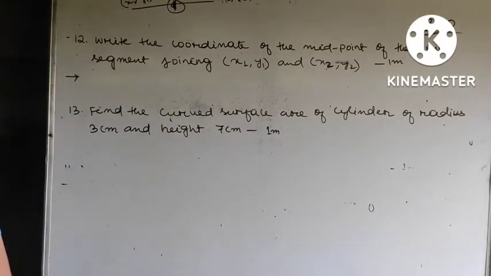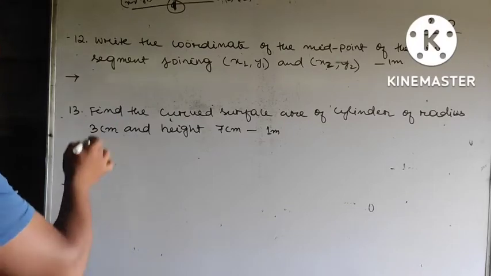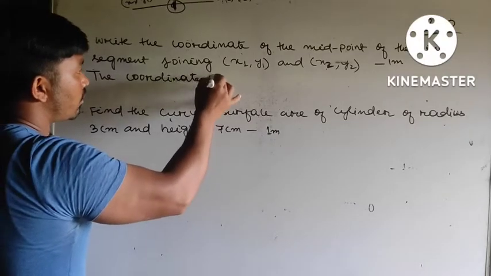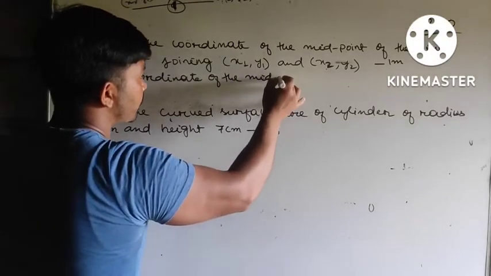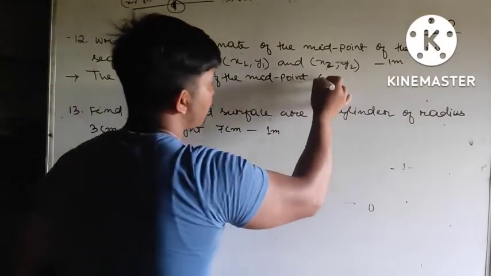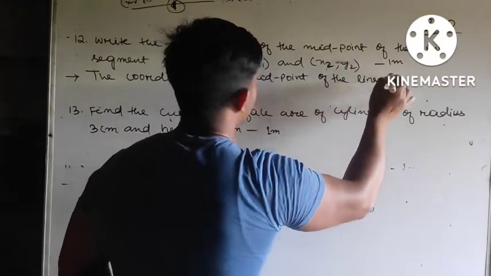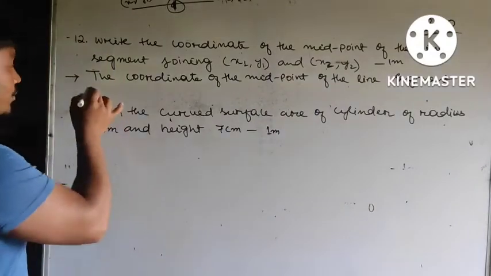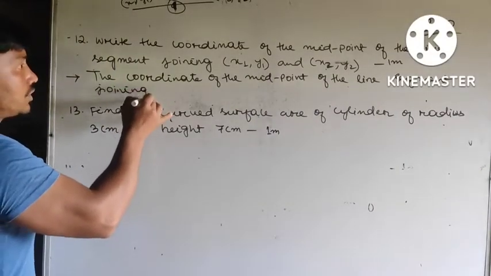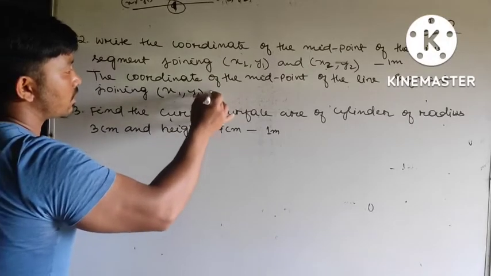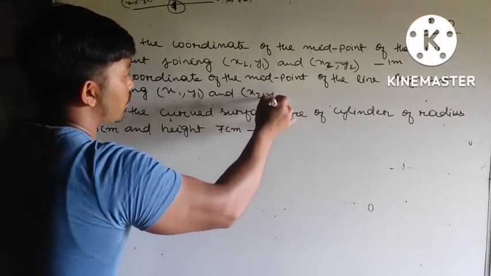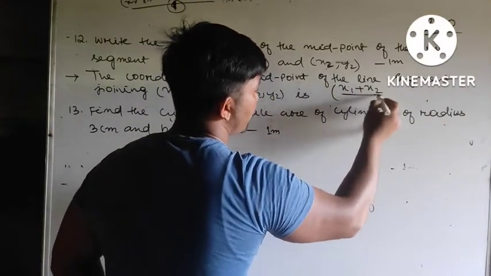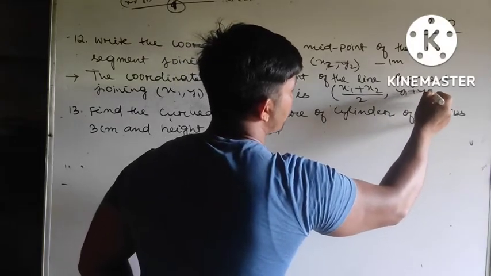So we write like this: the coordinate of the midpoint of the line segment joining x1, y1 and x2, y2 is, this is the formula. x1 plus x2 divided by 2, y1 plus y2 divided by 2.